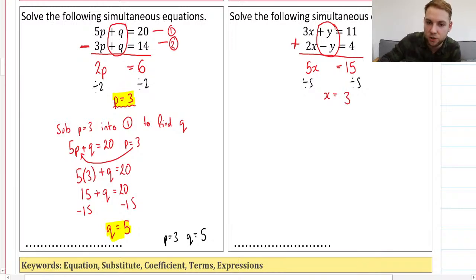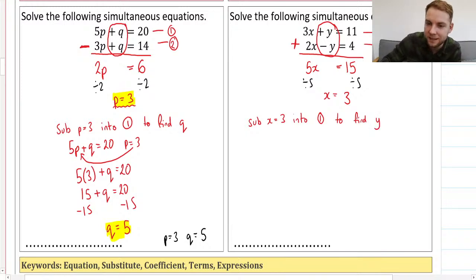And then I'll label these again, 1 and 2. I'm going to sub x equals 3 into 1 to find y in this case.